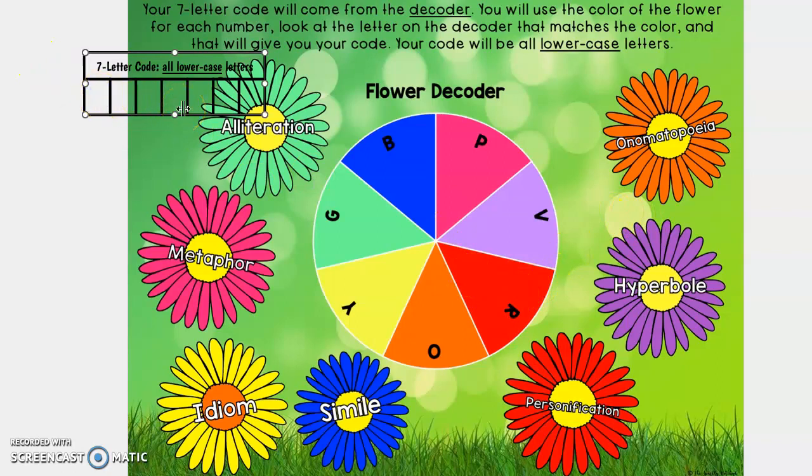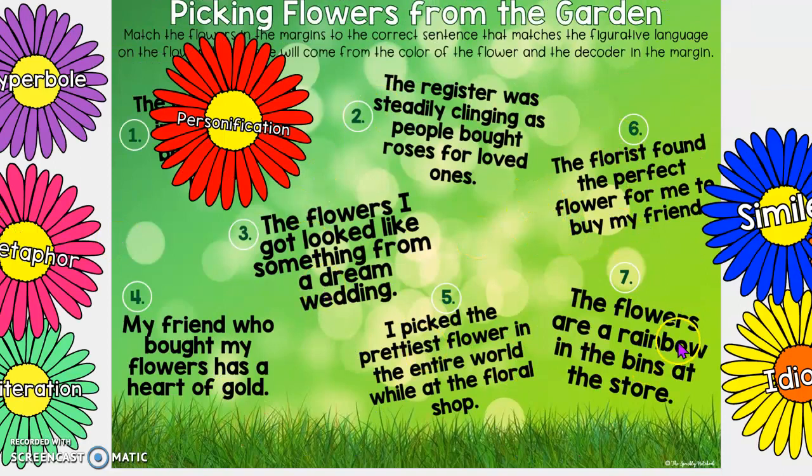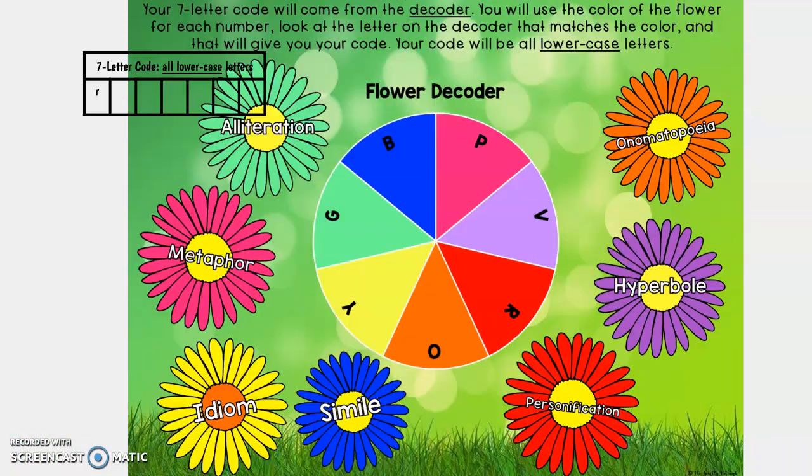So my first letter is red, it's R. So again, I'm going to do the same thing on slide 2. I'm going to match all of my flowers, my figurative language, to the examples, and then come down to my color wheel and match the color to the letter for my code, and then I can go enter it into our code slide. Okay.